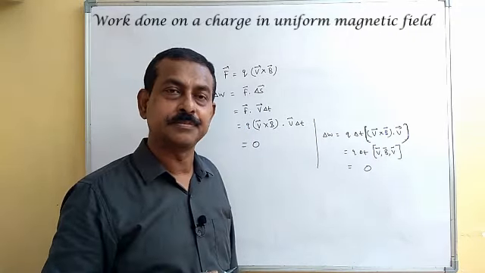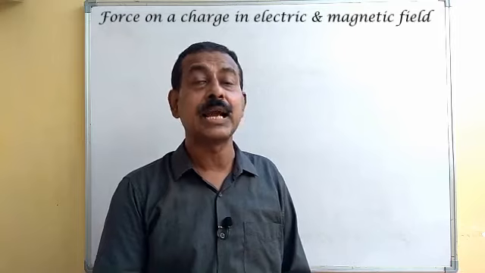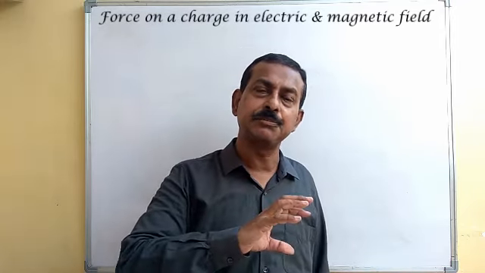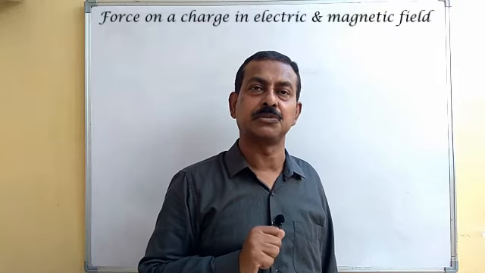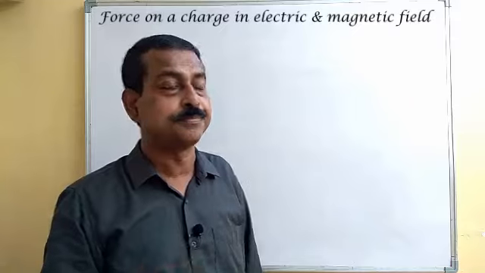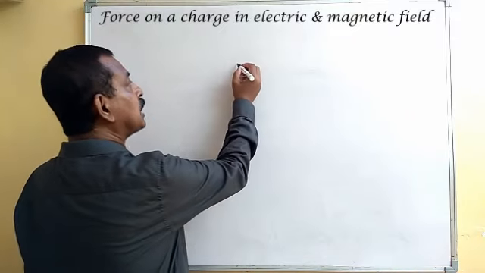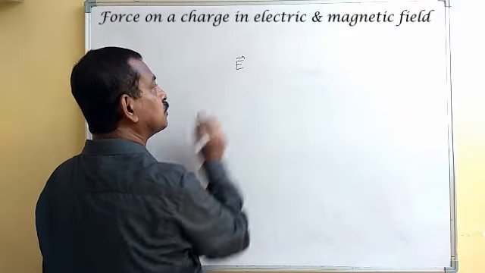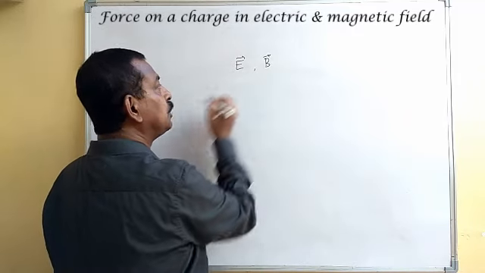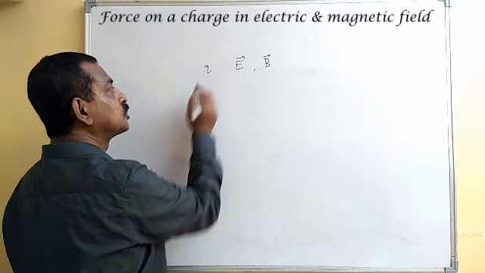Now let's take the motion of a charged particle in a region of electric and magnetic field both. There is a region in which an electric field is there as well as a magnetic field. So what is the force experienced by the charge in that? Suppose I assume that E is the electric field, B is the magnetic field in the region where the charge Q is in motion.